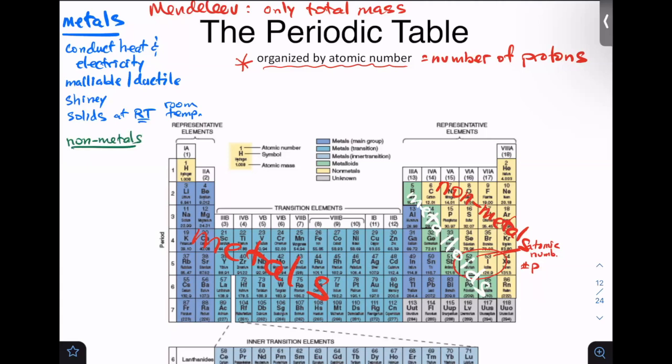Whereas the non-metals are pretty much the opposite of that. Non-metals are mostly gases at room temperature. Not all of them. In fact, the ones that aren't gases, they tend to be brittle, or they tend to be liquids.